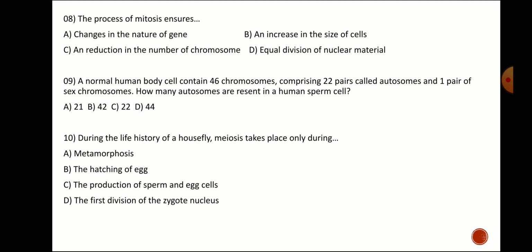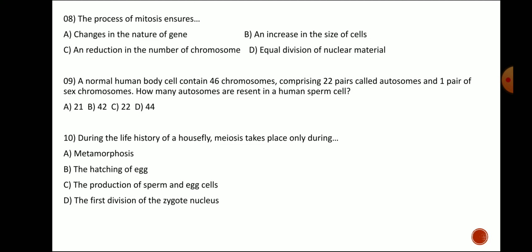That means 22 pairs of chromosomes are present in the form of autosomes. One pair is present as a sex chromosome. That means 46 chromosomes are present in the body cell of a human in normal condition.